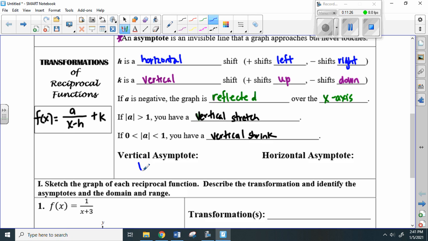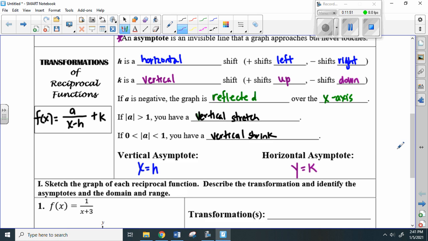And so you can find the vertical asymptote by actually taking x and setting it equal to h. And then you can find the horizontal asymptote by finding the k value and setting it equal to the y. And we'll talk about that a little bit more when we actually look at some examples.